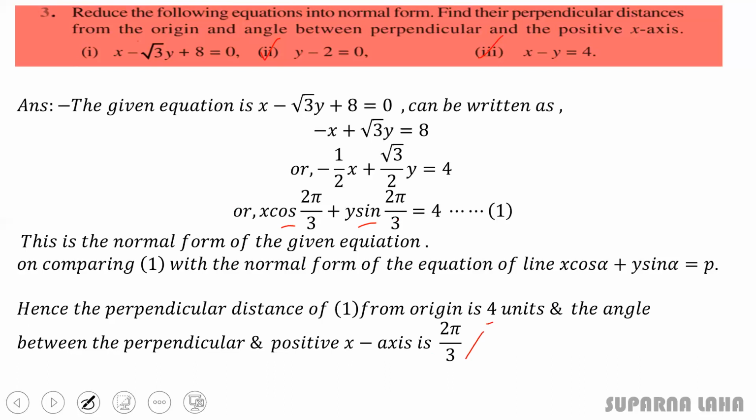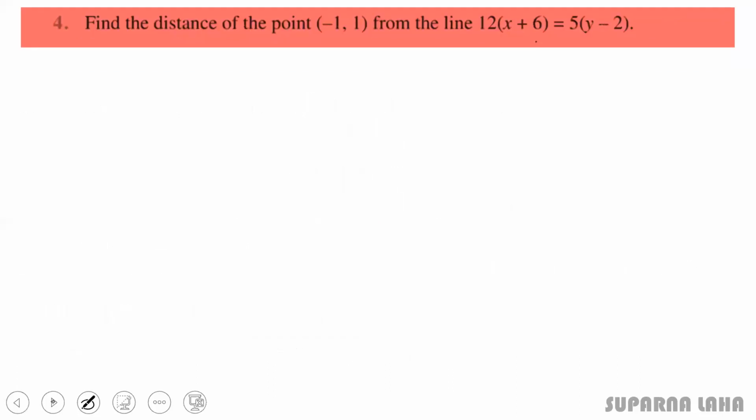So moving to the next question, question number 4. Find the distance of a point from the line 12 into x plus 6 equals to 5 into y minus 2. This is a very straightforward question. You know the formula, you just need to apply it.